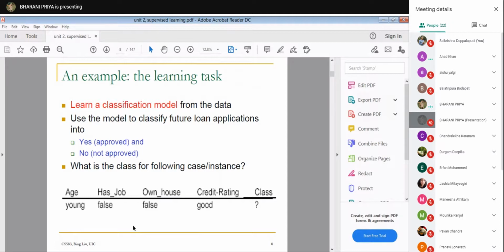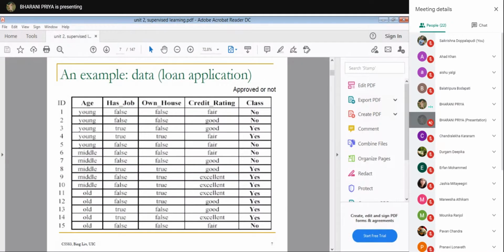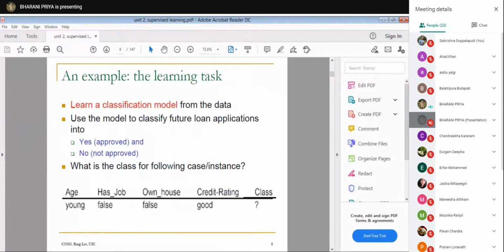Most probably, you will give the value which has more class values. Ma'am, most of the applicants have got the S value. Obviously, you will give the S value to this. Whichever is dominating, that value you will give.